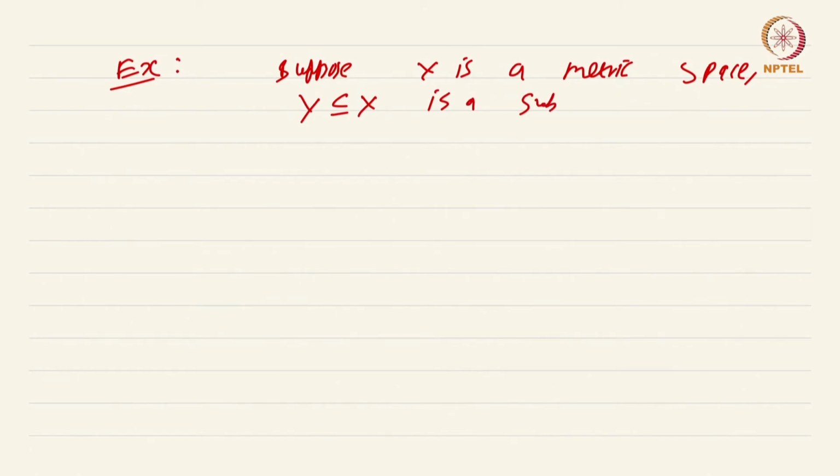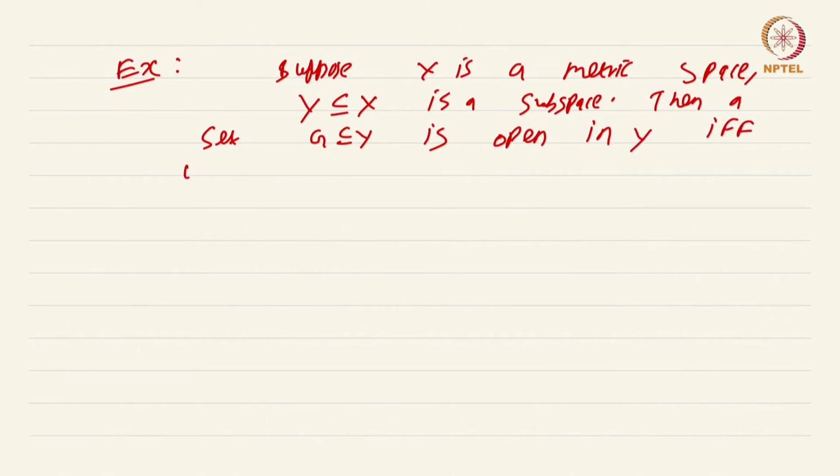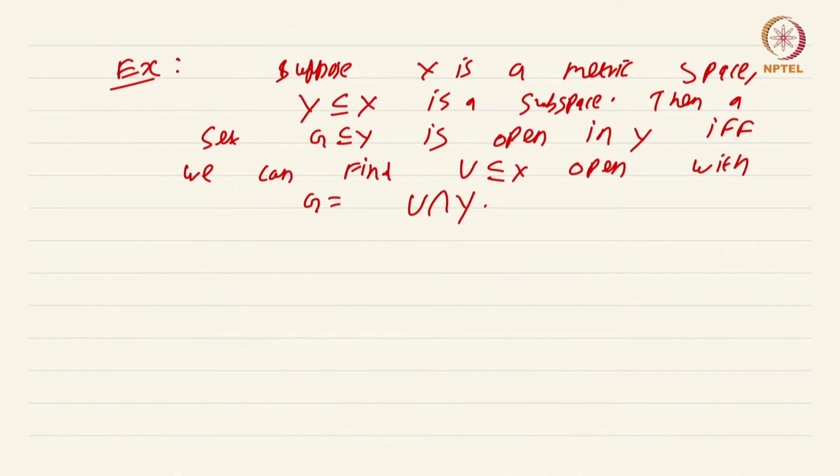So we are treating this subset itself as a metric space with the metric induced by the ambient metric space X. Then a set G subset of Y is open in Y if and only if we can find U subset of X open with G equal to U intersect Y. Intentionally I'm not going to clarify the meanings of the occurrences of the word open.